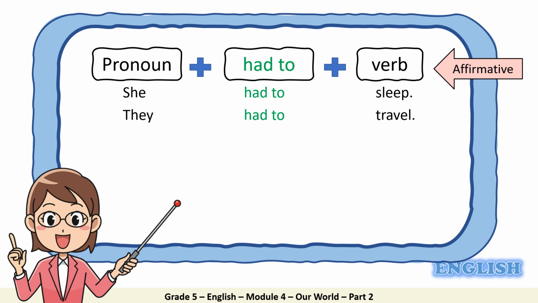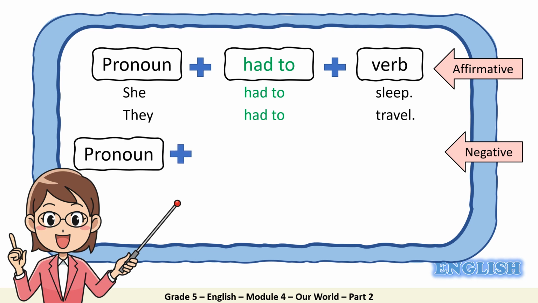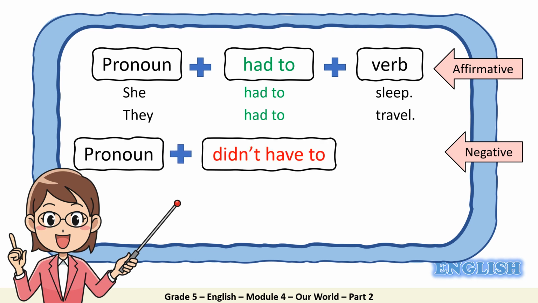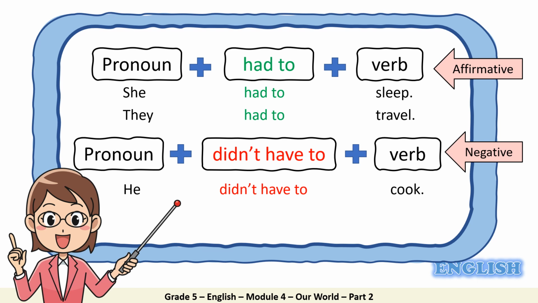Now let's move to the negative form of had to. We will start also with a pronoun, but this time we will follow it with didn't have to, and then finally the verb in the infinitive form. For example, he didn't have to cook. We didn't have to leave.